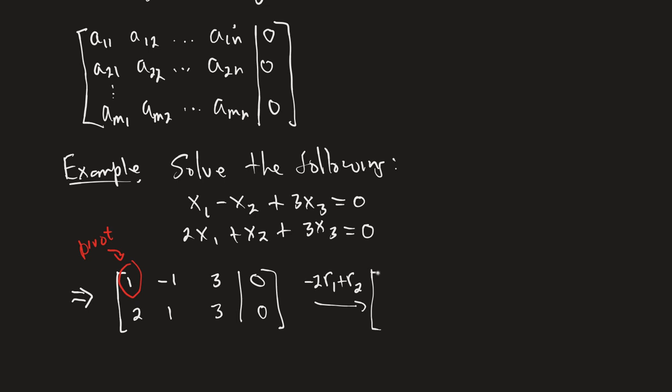produces this other system where the first row stays the same. Then now I would have eliminated the 2 in the second row, so that's 0, and then a -2 times -1, that's a +2 plus 1, so that's 3, and then a -6 plus 3, that's -3.